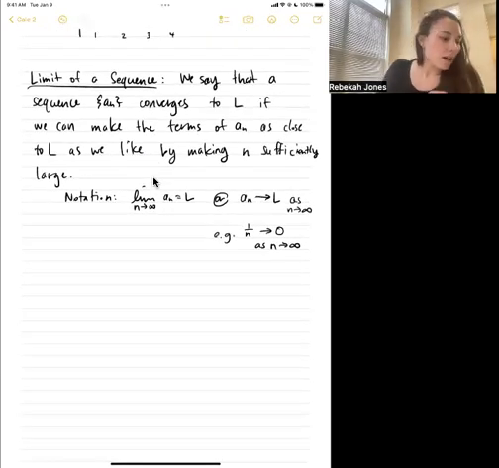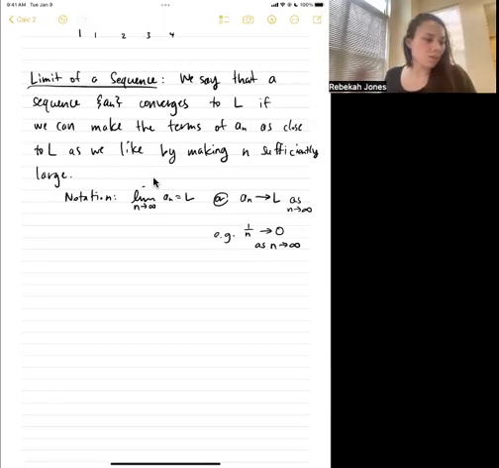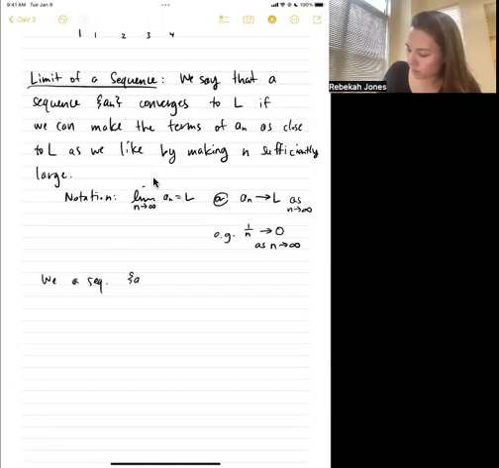Okay. So we say that the sequence converges if the limit exists and is finite.